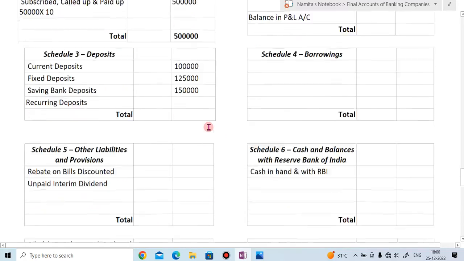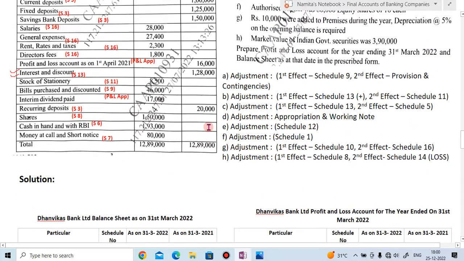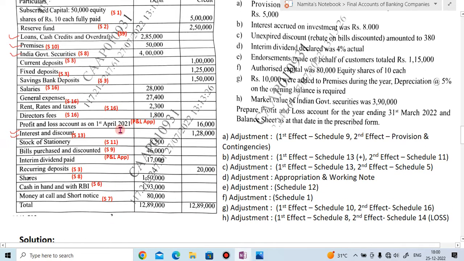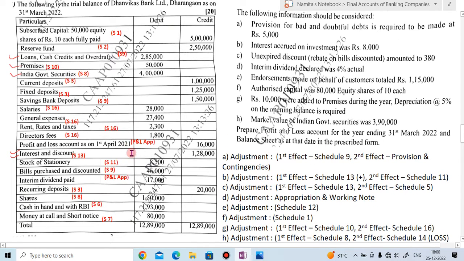Now next is what? Next, after director fees, next is profit and loss account as on 1st April 2021. Now this profit and loss account is what? The profit of the last year, okay, previous year. So this will go in P&L appropriation.